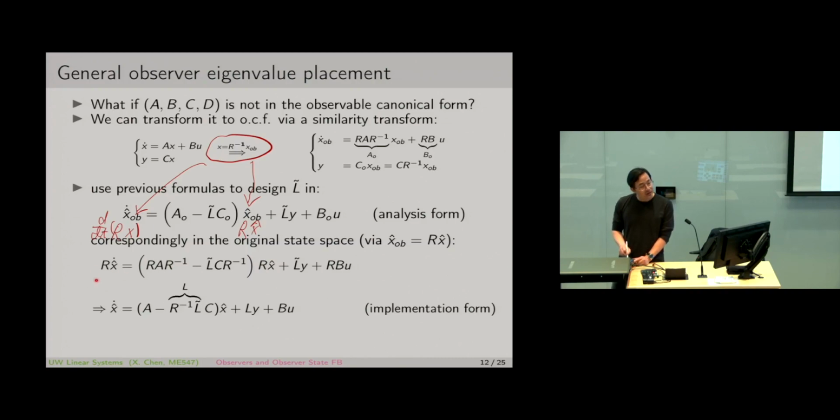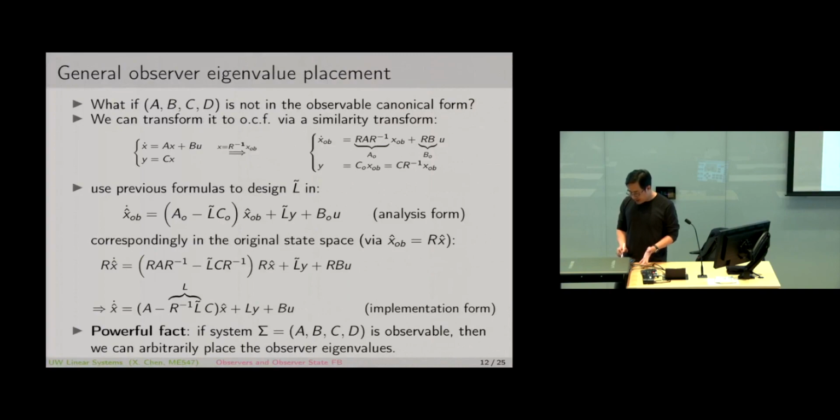So do this very simple matrix multiplication, then we can arrive at this implementable form of the state estimate for X, the original system states, instead of the observable system states after the similarity transform.